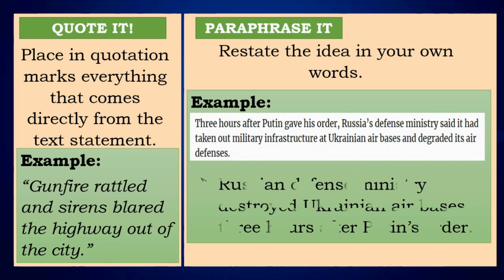For example, in the article: "3 hours after Putin gave his order, Russia's defense ministry said it had taken out military infrastructure at Ukrainian air bases and degraded its air defenses." Upon using this article as a textual evidence, you may paraphrase it as, Russian Defense Ministry destroyed Ukrainian air bases 3 hours after Putin's order.